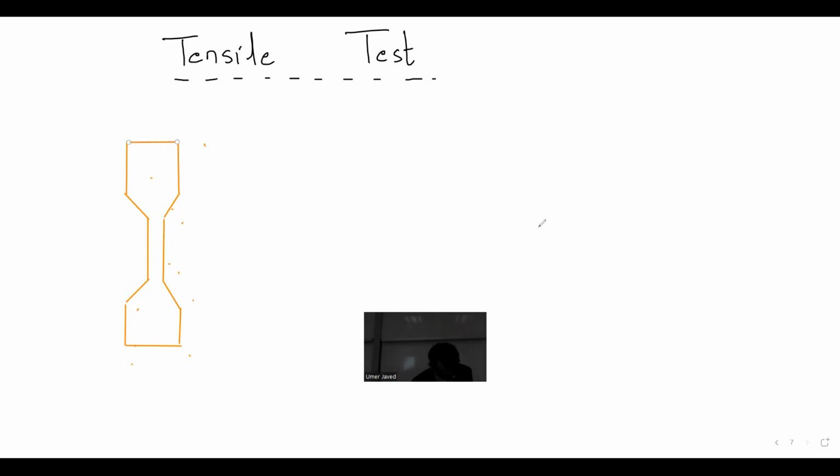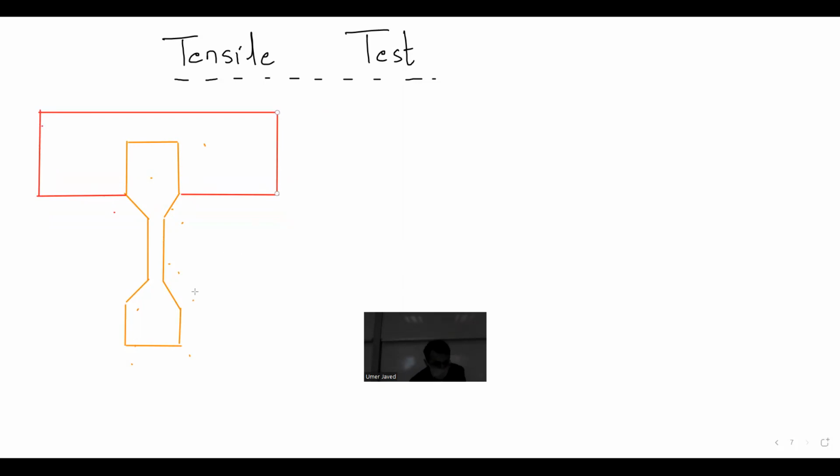What you do is you put it through what is known as a tensile test. So technically you have this object being held like this, and we are trying to pull it apart in a lab setting. It is pulled at the top, and the bottom is also being pulled.